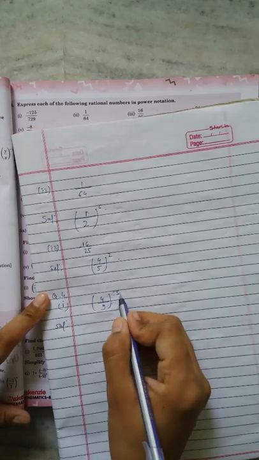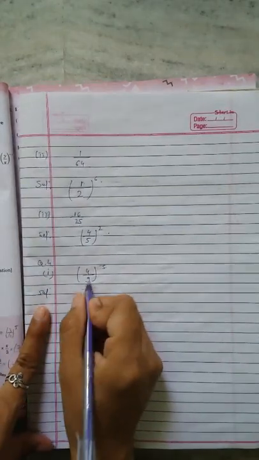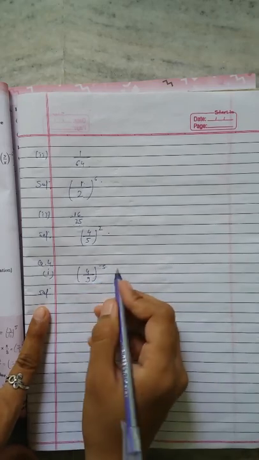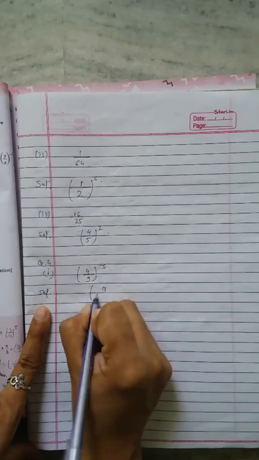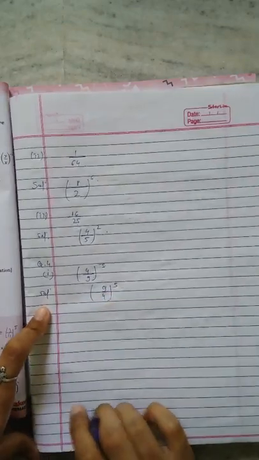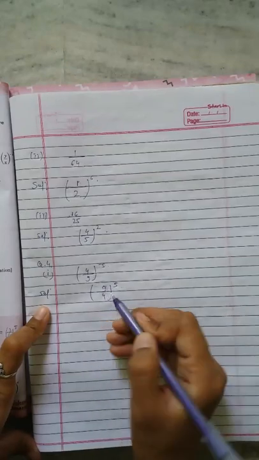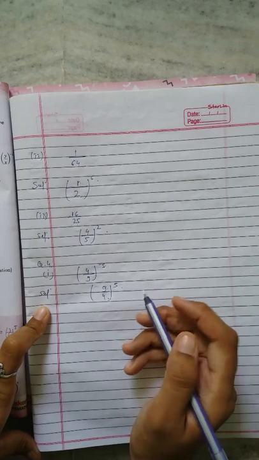First of all, we will make the power positive, then solve this question. For making the power positive, we will write in opposite terms. So we will write here 9 upon 4, the power raised to 5. If we make the numerator the denominator and the denominator the numerator, we write the power in positive terms.